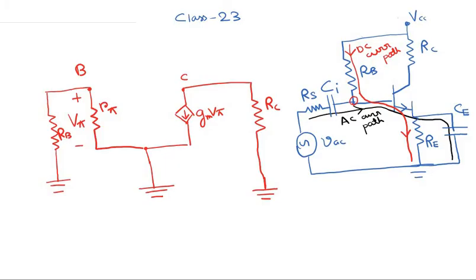And then again, between this base and this AC ground over here, this series combination of VAC and RS are basically present. So we put these things over here. So this is our resistor RS, and then we have this AC voltage source VAC over here, then ground. Okay, so this is the small signal equivalent model for this circuit or the AC model.